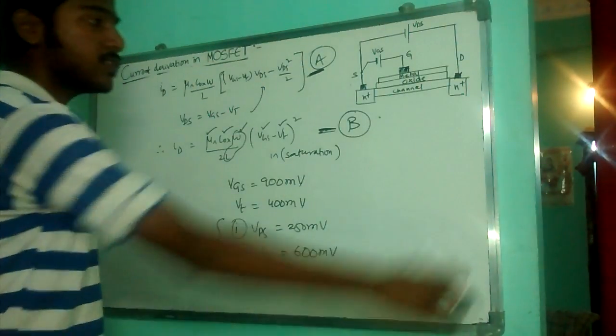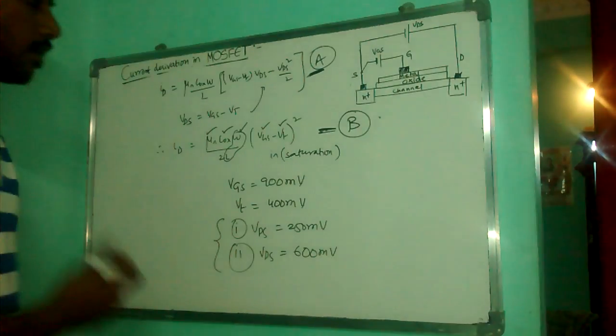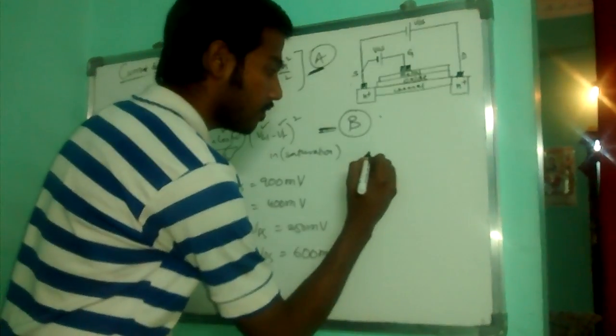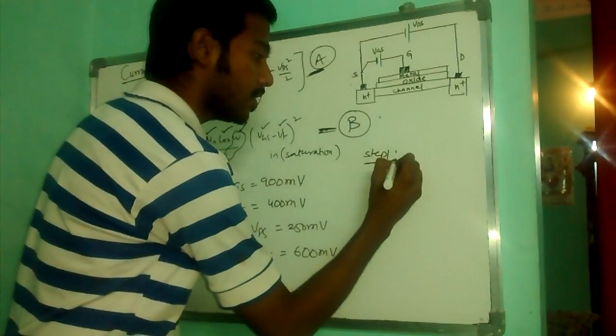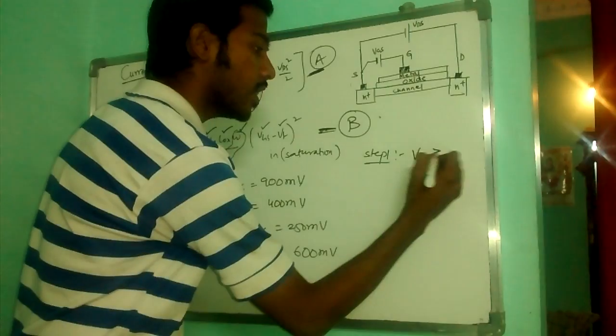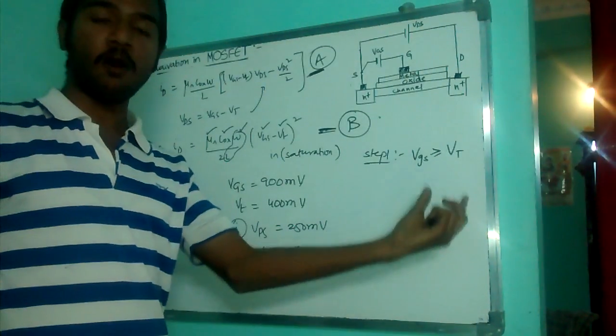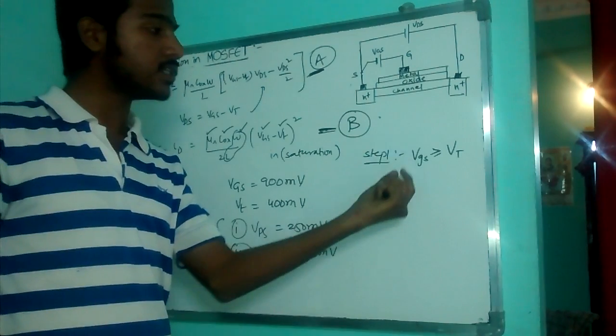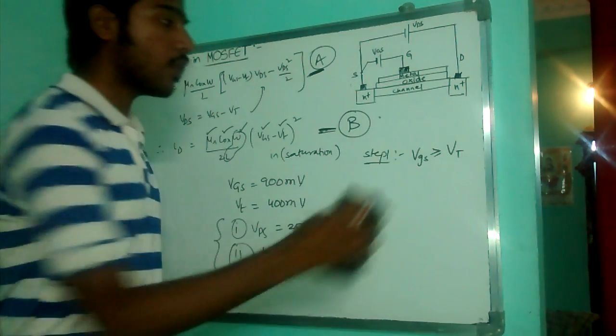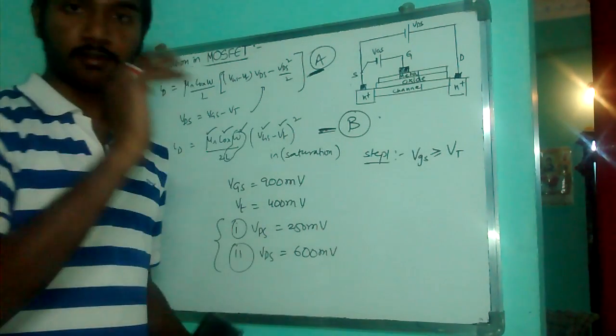First step we need to check, step 1, is whether VGS is greater than or equal to VT or not, because the channel will be formed only when VGS is greater than VT. If not, it will be in the cutoff region.